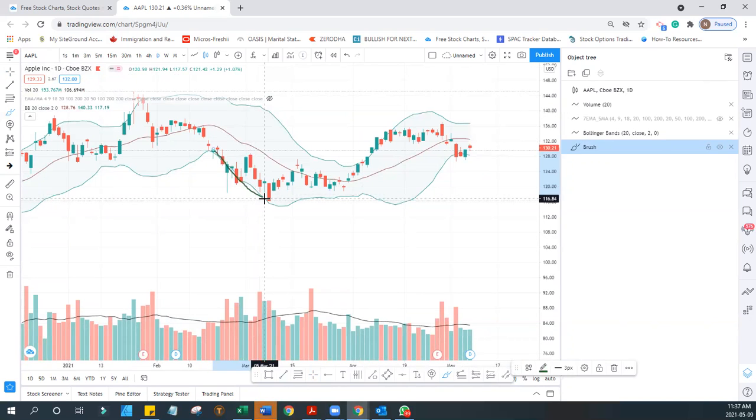If you're a long-term investor, you don't want to get out until the price breaks the 20 EMA, the 20 moving average of the Bollinger Band. You want to be with the price. Once it breaks it, you get out, and you only buy at the 20 SMA, like the 20 EMA.